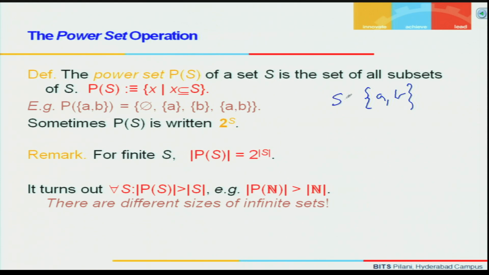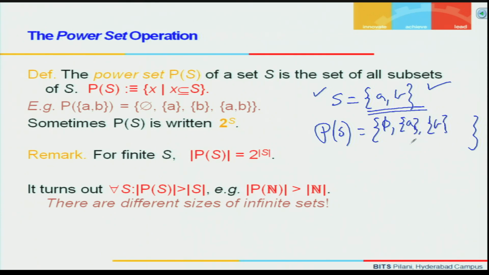And the power set notation. You have got any set, say a set {A, B}. The power set of a set is generally denoted like this. It is the set of all subsets of this particular set, that is called the power set of S. So, if I ask you to write down all the subsets of this particular set in our example, we will write definitely the empty set, the set containing A, the set containing B, and the set containing A and B. These are all elements of the power set.